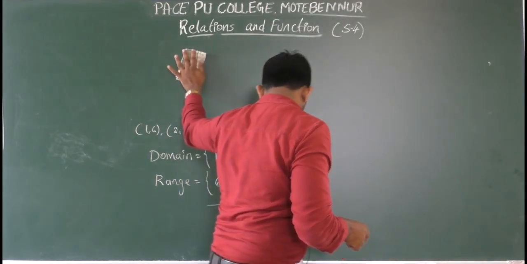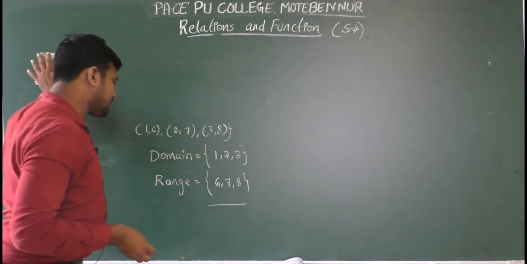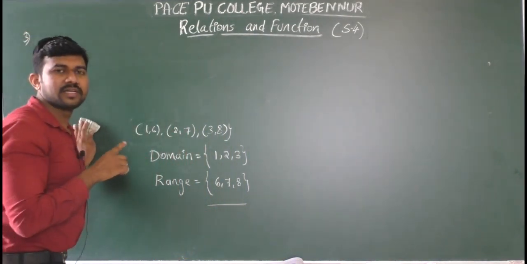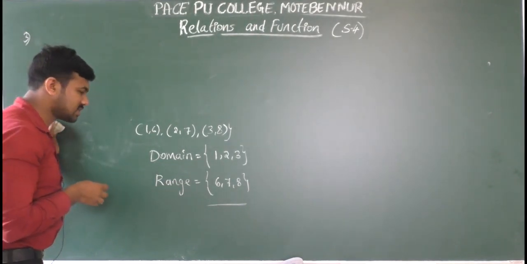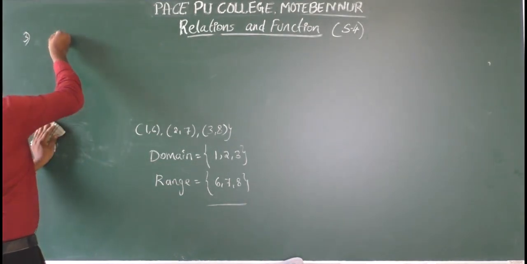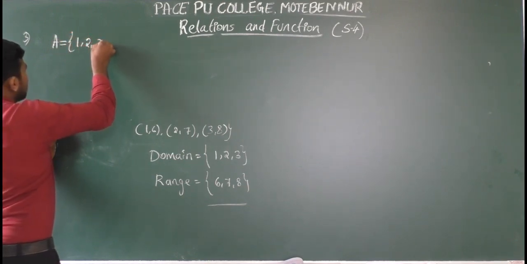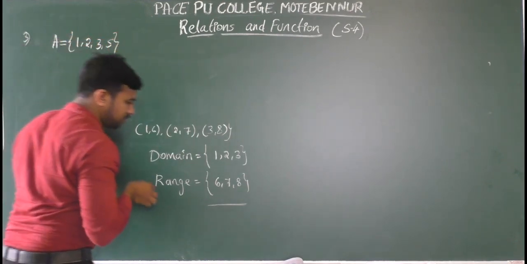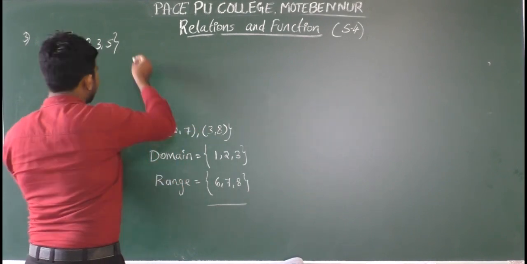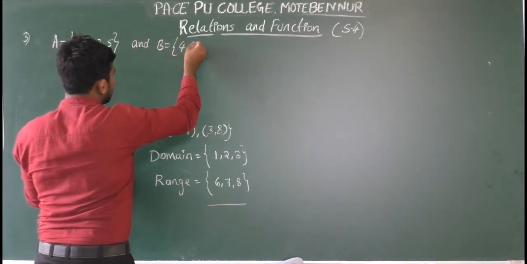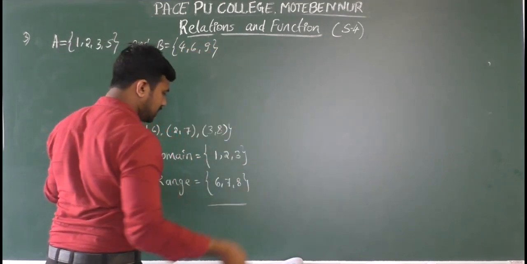So what is the next question they have given? This is from your first exercise. A is equal to the set of all 1, 2, 3, 5, and B is equal to the set of all 4, 6, 9.